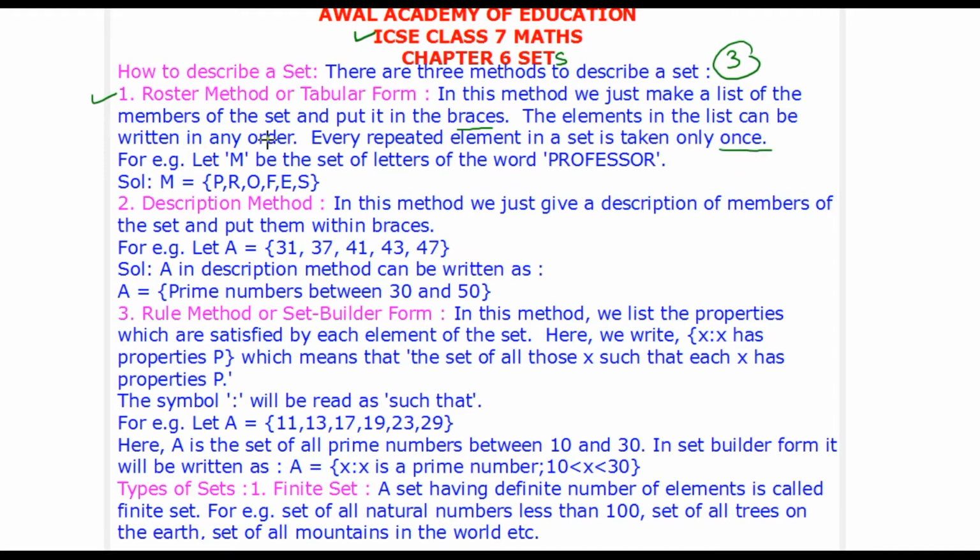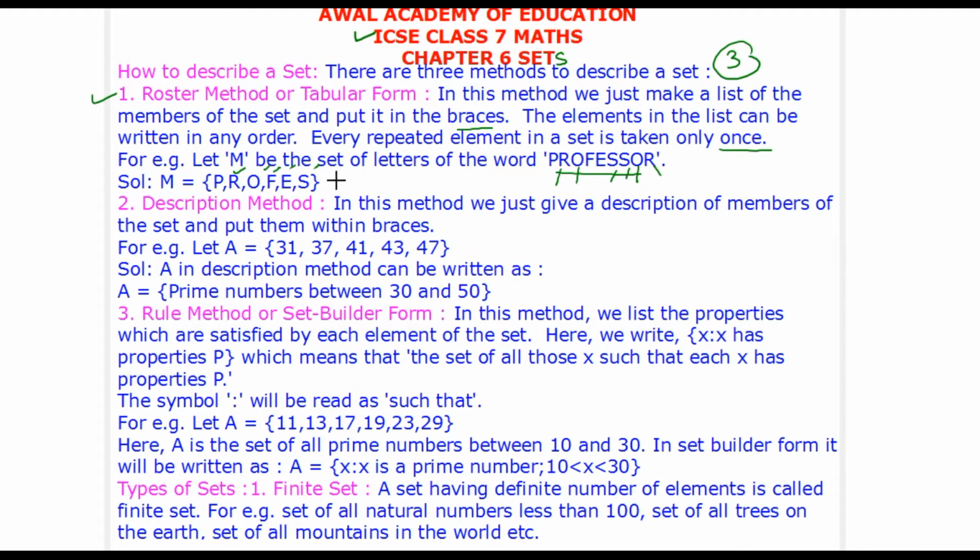For example, let M be the set of letters of the word professor. In this word, there are repeating letters: R and S. We will take them only once. P is only one, R is two times, we will take it one time, O is single, F is single, E is single, S is two times, so we will take it only one time, right?